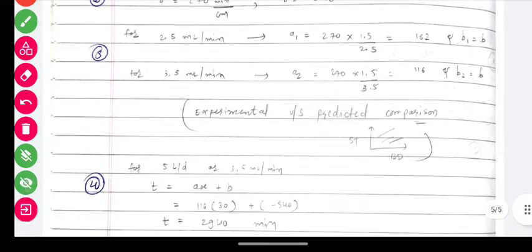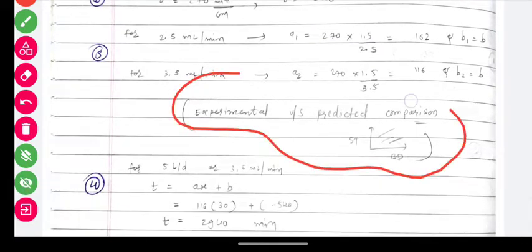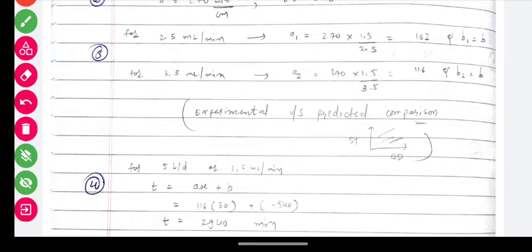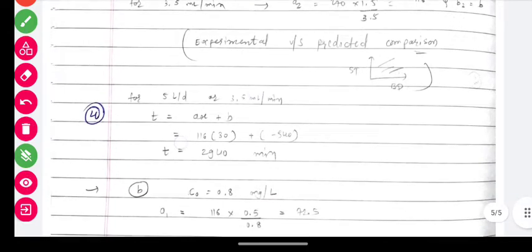And then there is some experimental relation explained, but in the exam we are not supposed to show that. It is okay if we do not show it, because it is not part of the calculation, it is just for illustration.